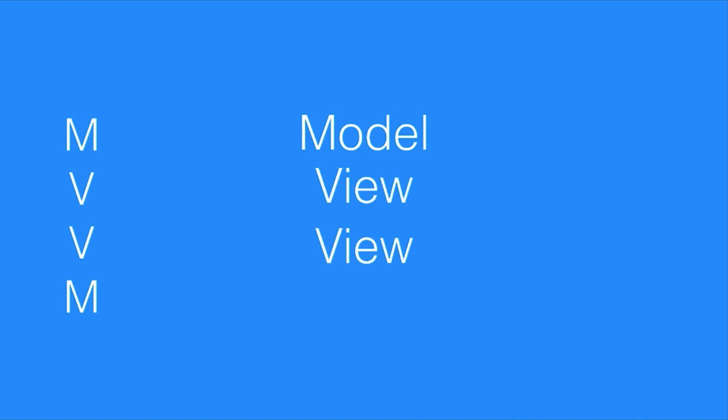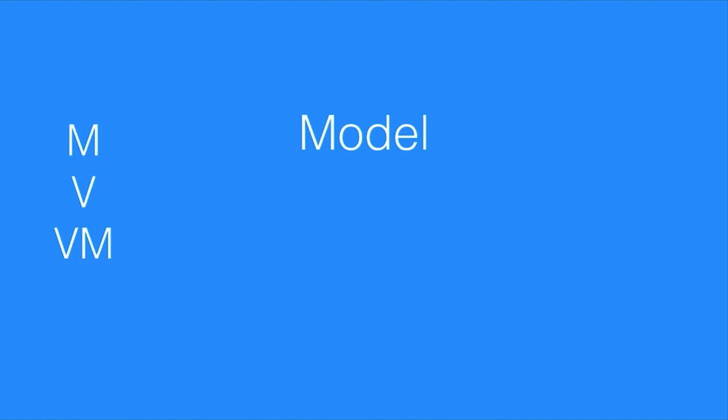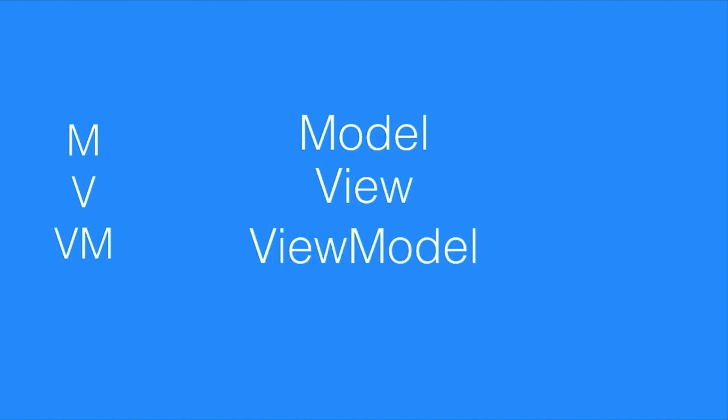Well, MVVM basically means model, view, view model. Now, in reality, the view model is one term, so you will never separate the last V out. You will write it like this, MVVM, where the first one is model, the second one is view, and the last one is view model.